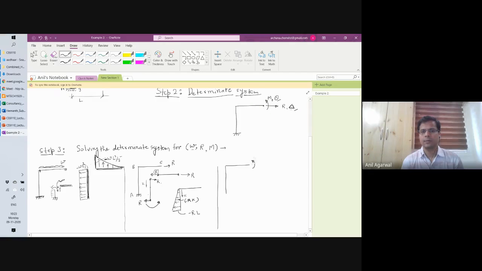Similarly, we can solve it for M. Again, free body diagram. I have an external moment M acting on member BC at point C. The only way you can balance it is by applying an equal and opposite moment of value M at point B. Now you cannot get that reaction from just anywhere.